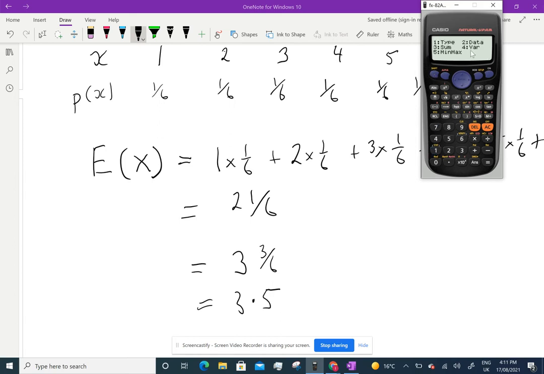Stat. We want the variable data. Now you can see here we've got some different letters. Remember, number 1, n, tells you the number of scores. X bar is the mean. Even though, when we talk about those letters, we mean that's for a sample.